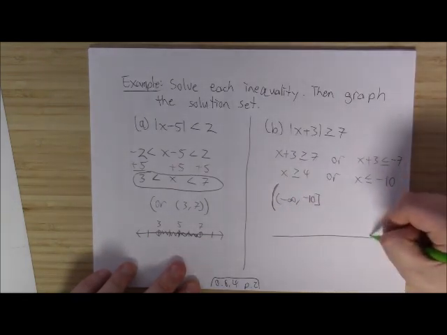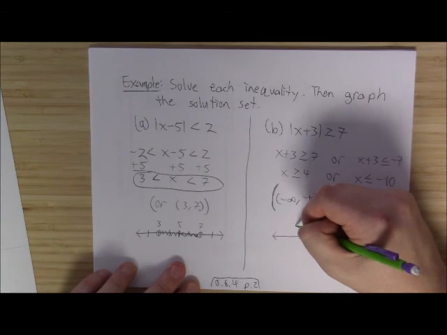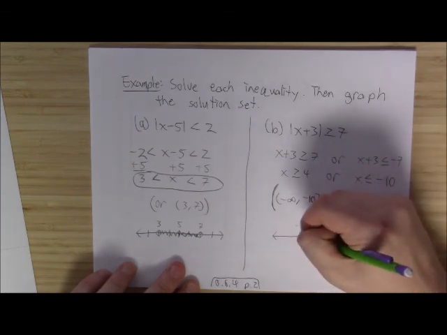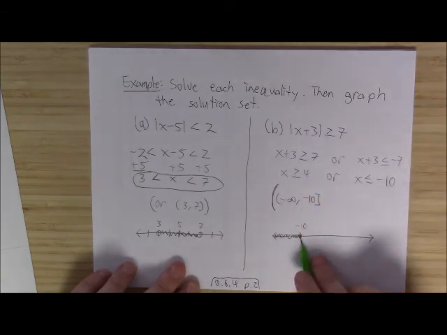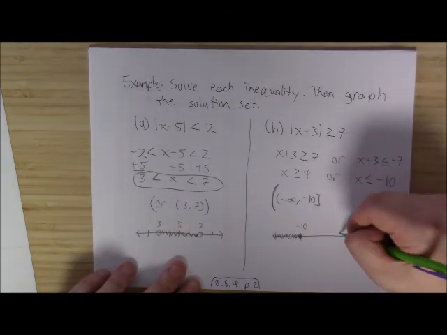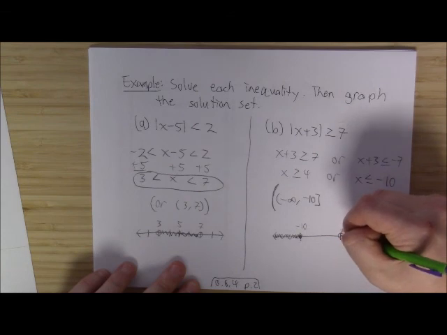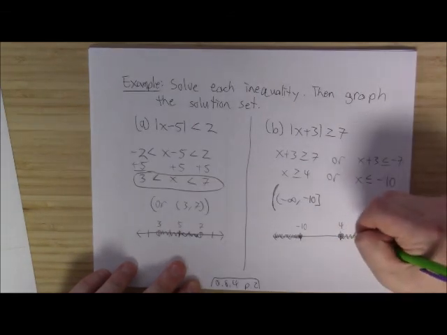Again, the interval helps see this. So here, if this is negative 10, then we know that we could be less than that, or equal to it, hence the shading in. However, we could also be greater than or equal to 4. So we shade it in again at 4, and then we go all the way up here.